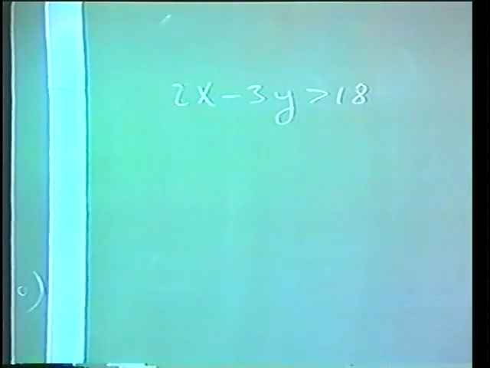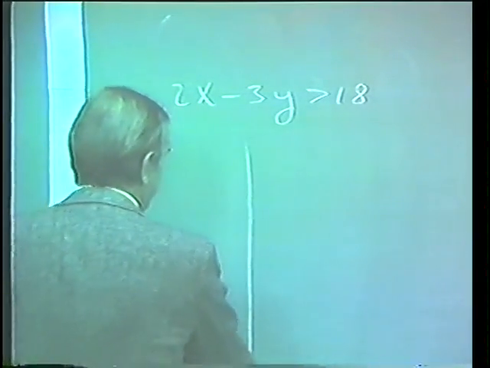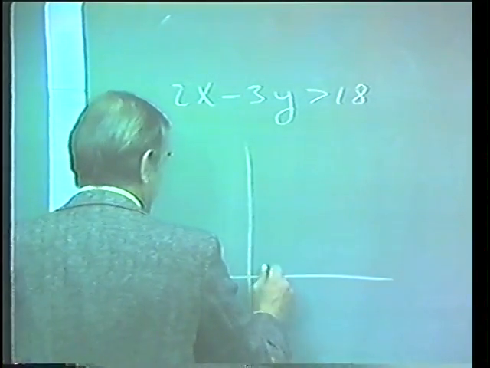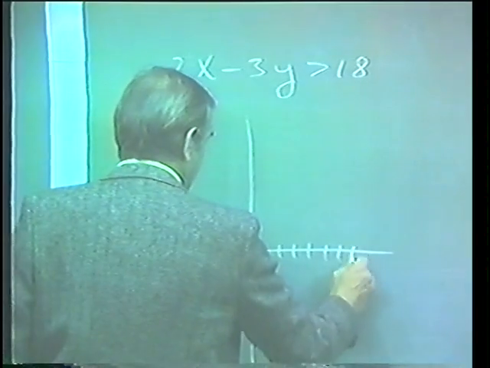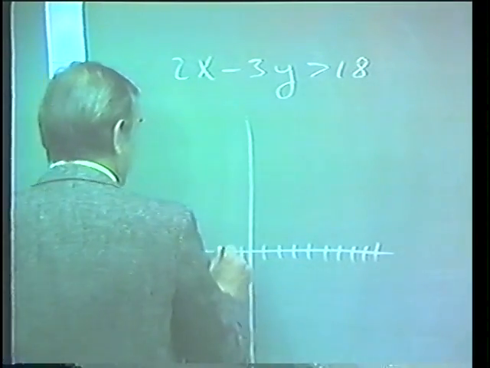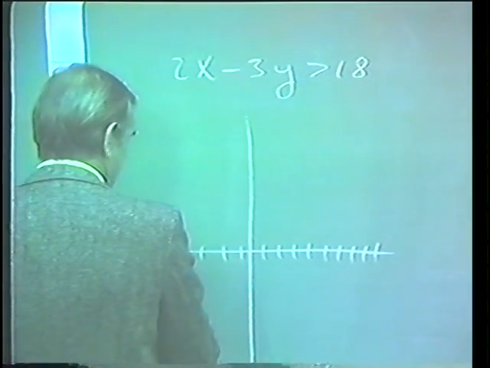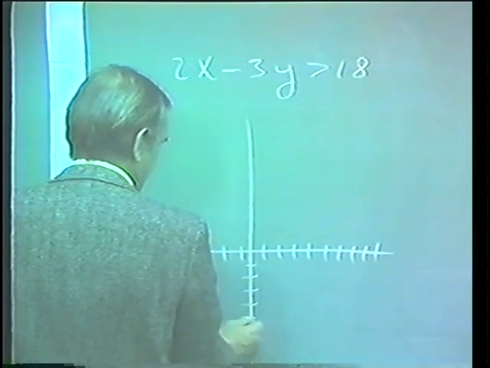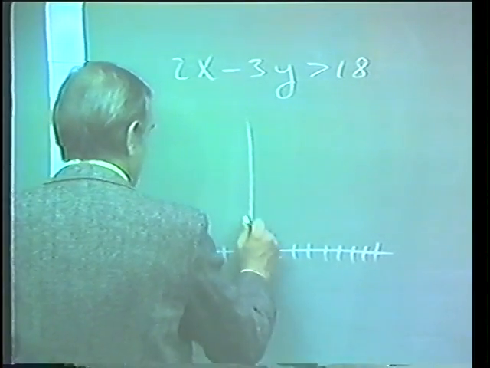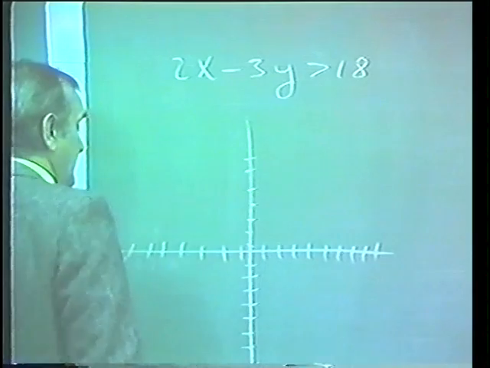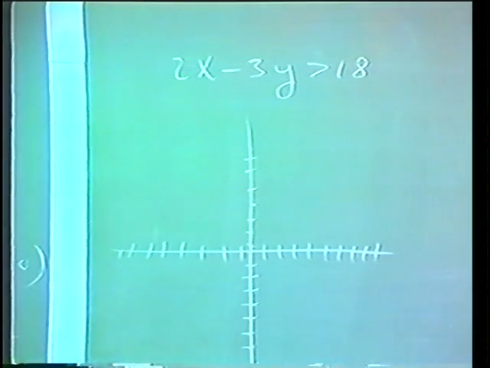I want to graph the linear inequality 2x minus 3y is greater than 18. Okay? This is what we want to graph.